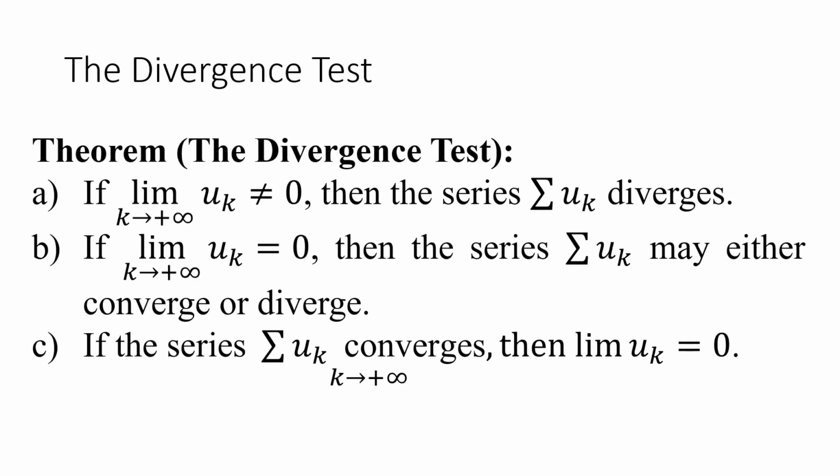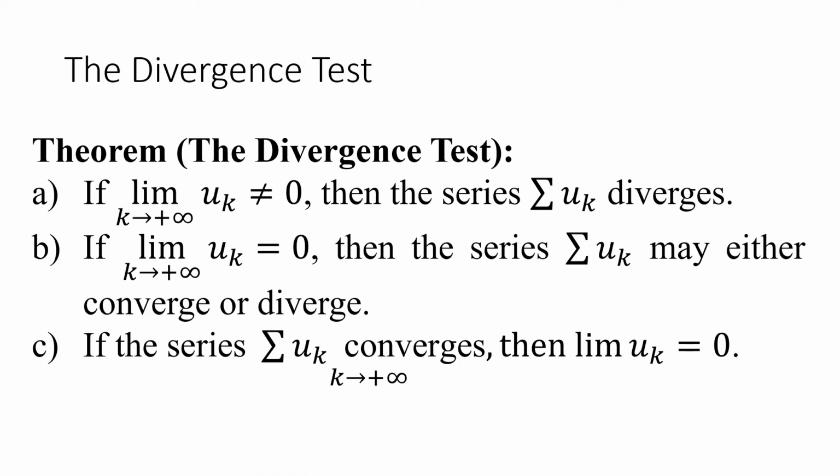So let's develop various tests that can be used to determine whether a given series converges or diverges. Let's start with the divergence test. In stating general results about the convergence or divergence of series, it is convenient to use the notation summation of u sub k as a generic notation for a series, to avoid the issue of whether the sum begins with k equals 0, k equals 1, or some other value.